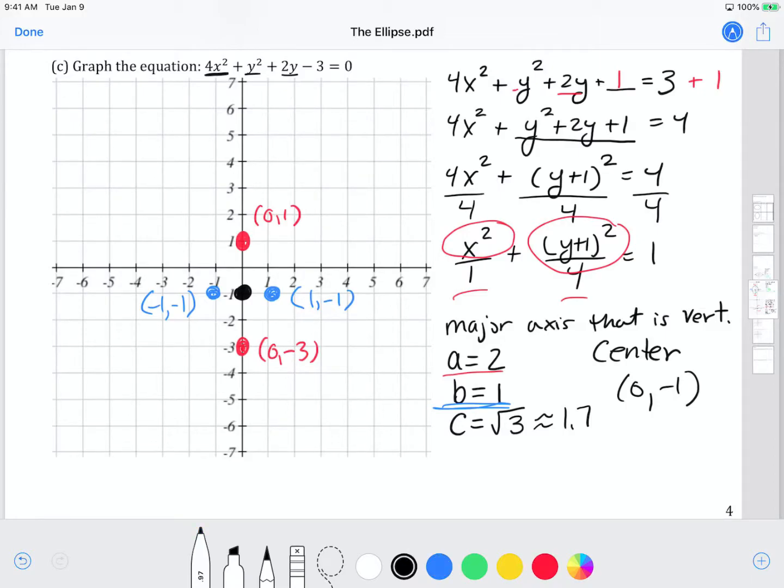When I put that all together, here's my ellipse. And then if I want to graph my foci, I'm going to come out approximately 1.7, so less than 2, in either direction up and down on my major axis from my center. So my focus would be about here, and the other focus would be about here. Those are going to be pretty close to the major vertices on either end.